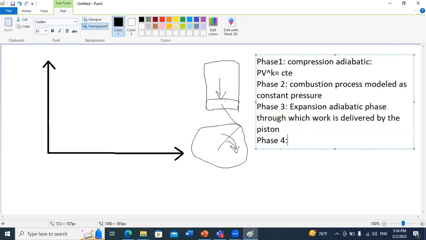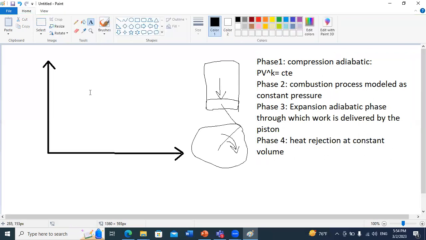So we can consider that this exchange takes place at constant volume, and we model this process as heat rejection at constant volume.